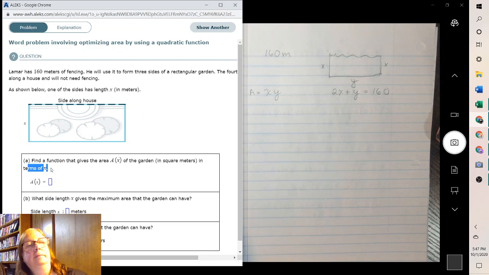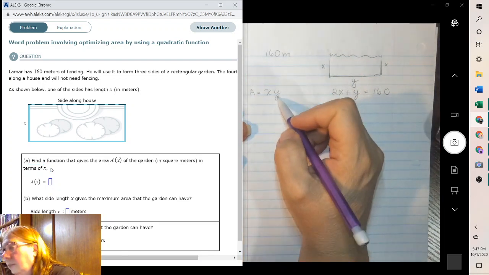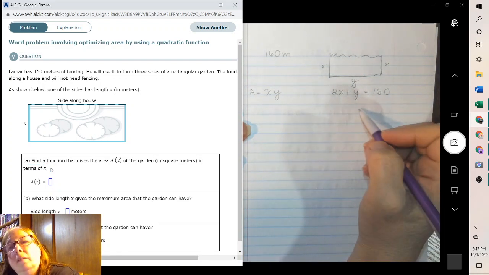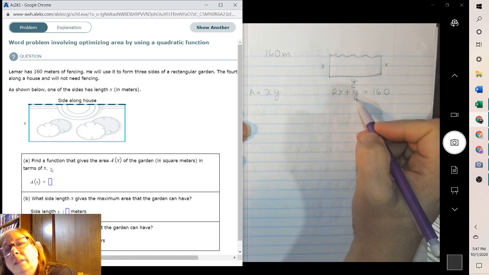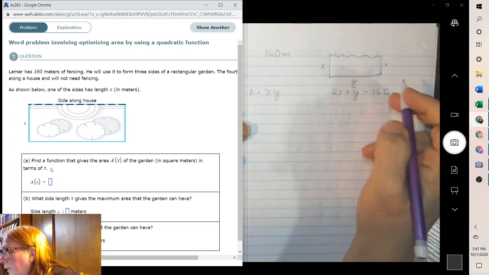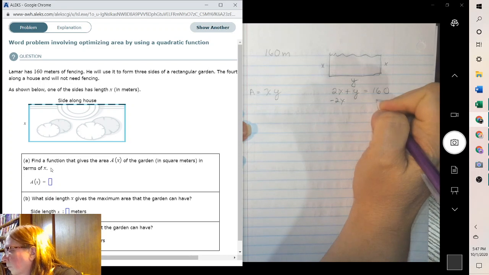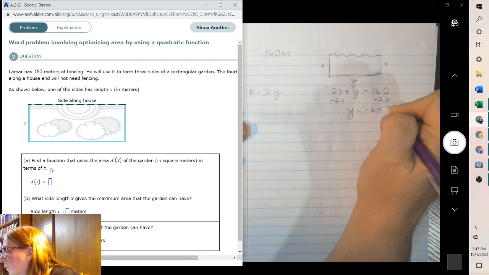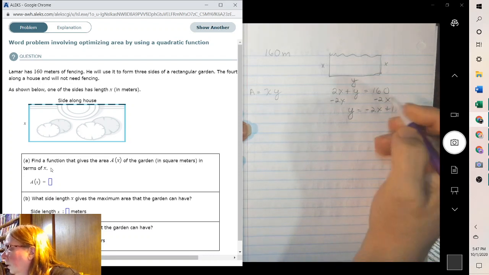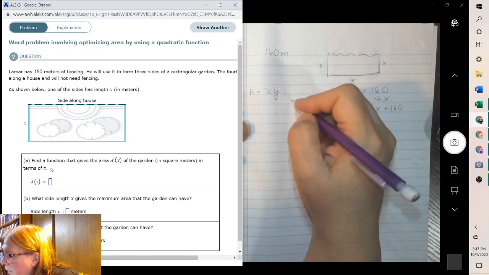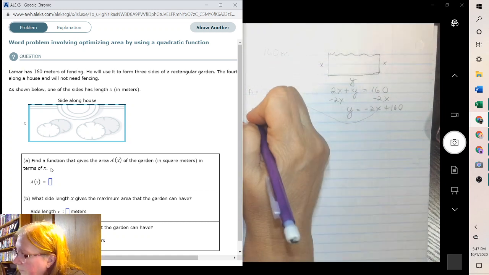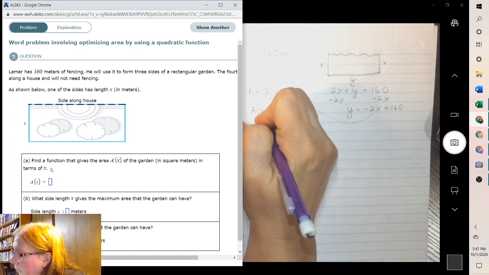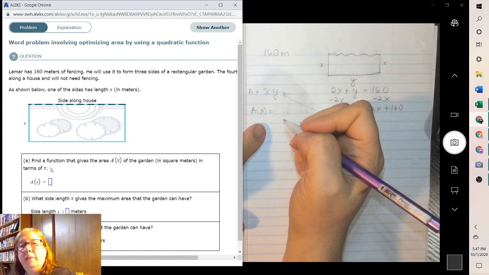So we need to get rid of the y. Well, we can solve this for y by subtracting the 2x to the other side. And then we can take this and plug it in for y. Then we have it in terms of x.